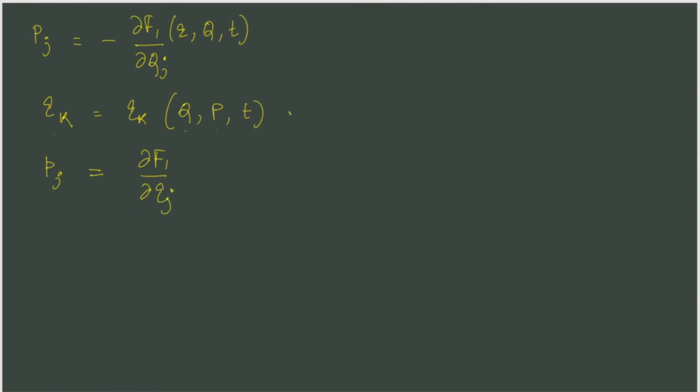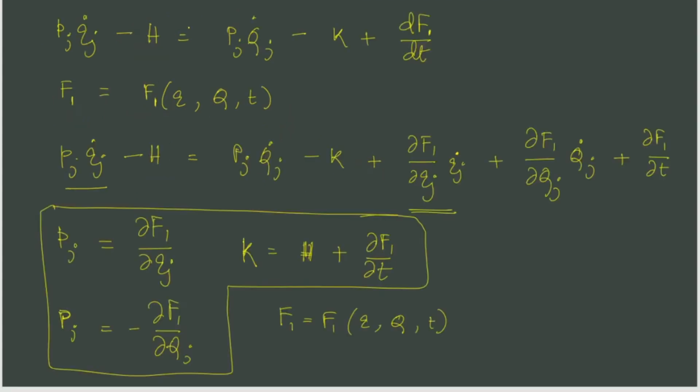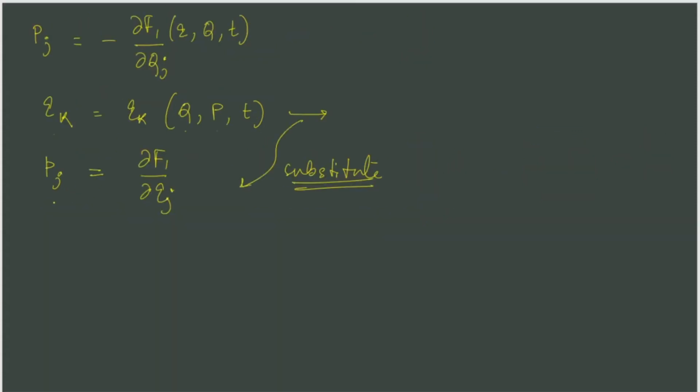once you have done it, then you can simply substitute that in the first equation. The first equation, in the sense that this particular equation which I have written again.